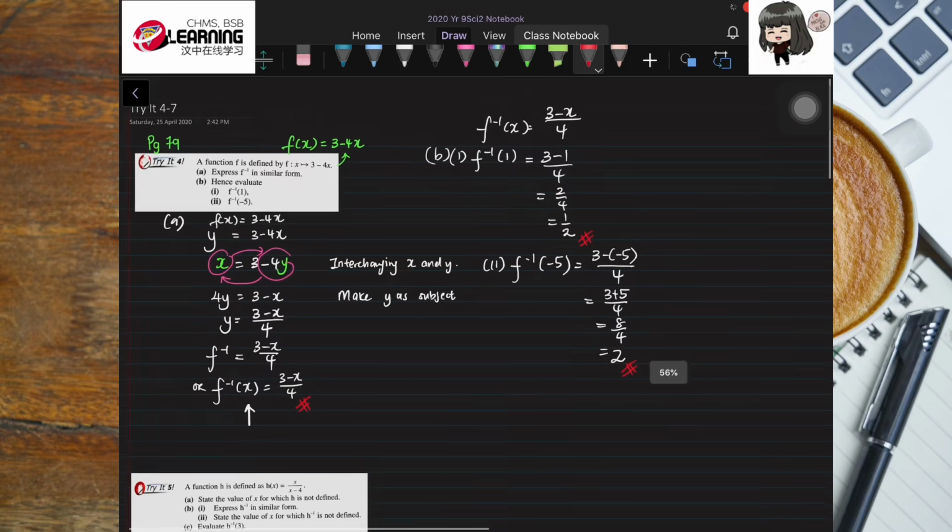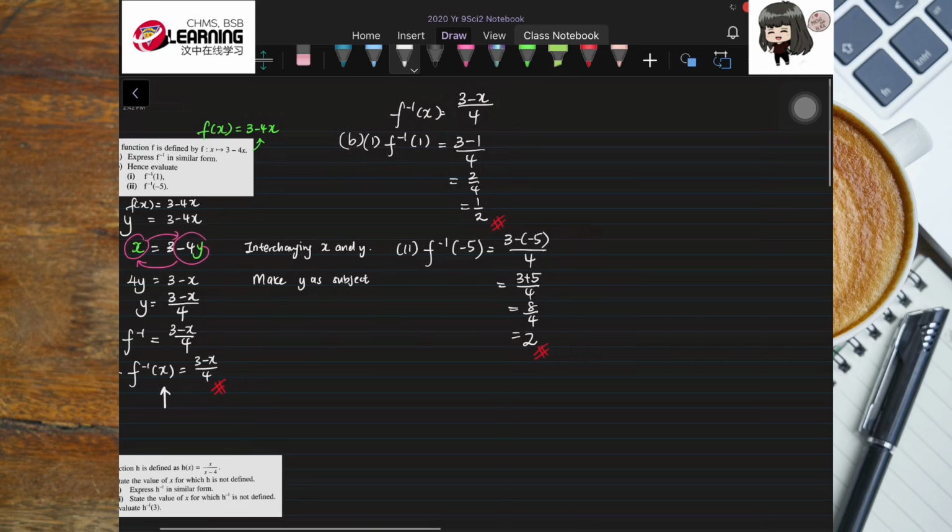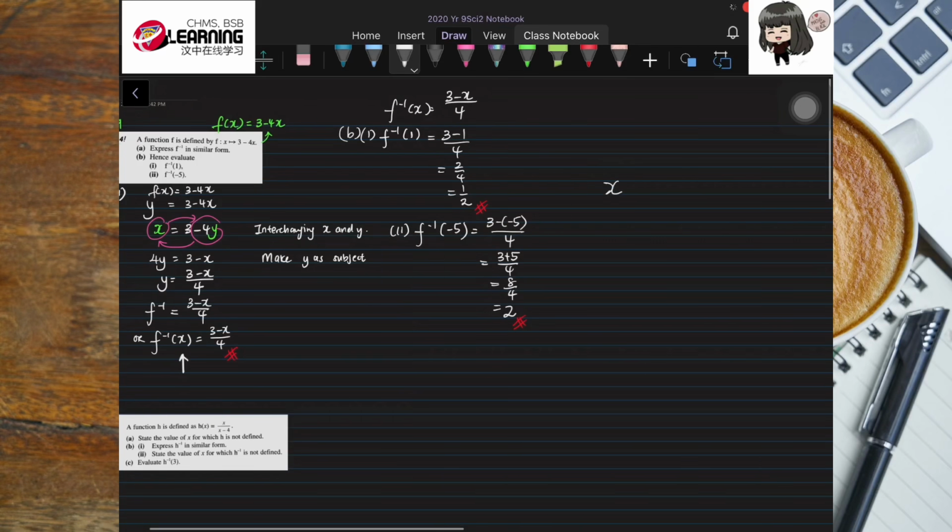So what can you understand from this try it for? Okay, I explain to you again. You have x as your input and y as your output. This is the arrow diagram.